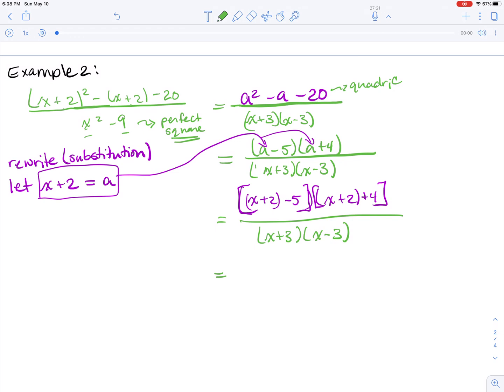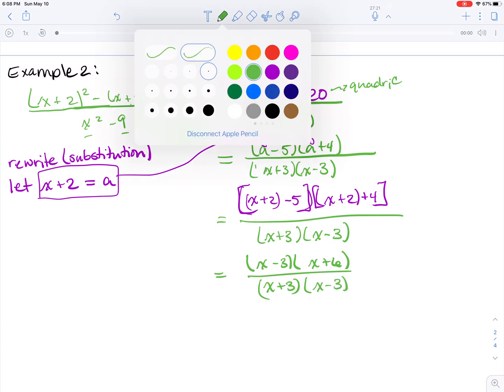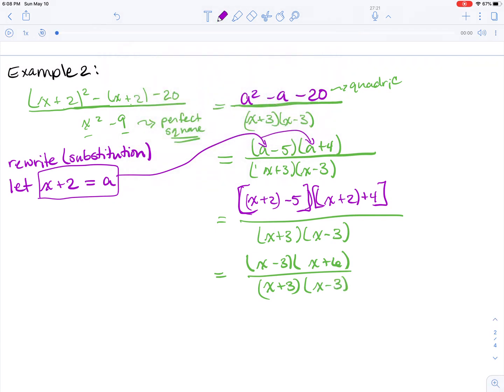So now I can go ahead and just simplify my numerator. So I have x minus 3 and x plus 6 all over x plus 3, x minus 3. And now I can do my dividing. So I have x minus 3 and x minus 3. Looks like that's the only things I'd be able to divide, so that leaves me with x plus 6 over x plus 3.